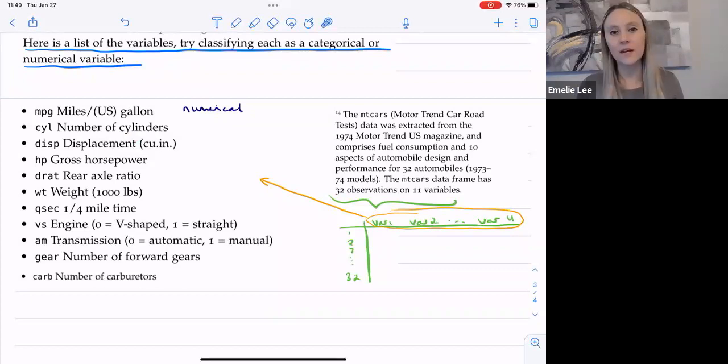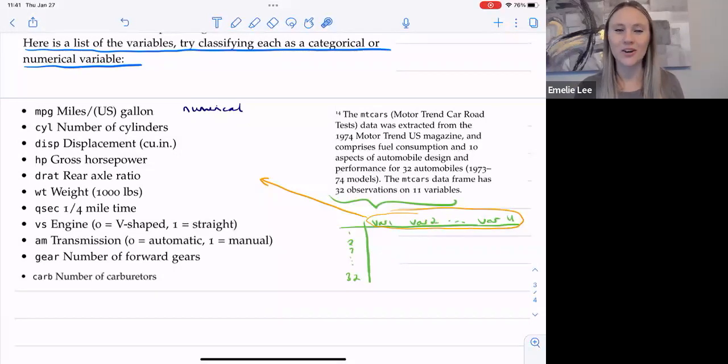Now, one thing that I will mention is we're going to come across this a lot, where I don't actually know anything about cars. And so sometimes that's a disadvantage, but often it's not. It doesn't really matter. You could look at the data and just from some Googling, you could find out that there's only a certain number of cylinders that a car can have. Now, we could call that numerical and we could call it discrete, but that's not really the case, because it doesn't really make sense to talk about the average number of cylinders.